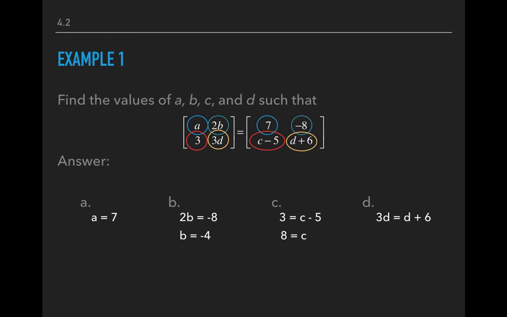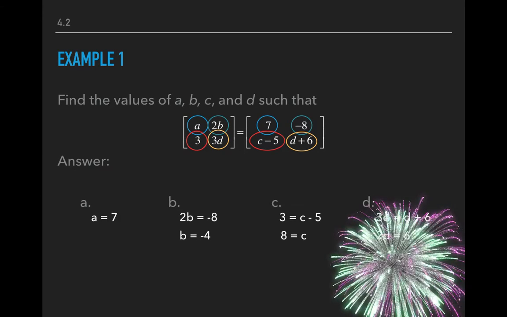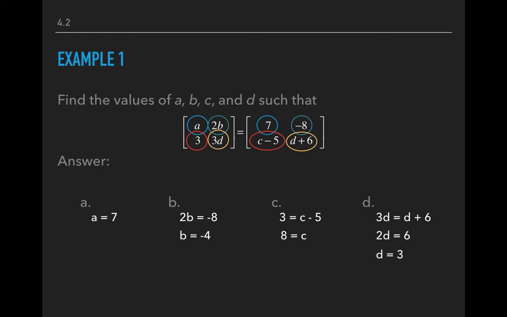We're just going to go back to some basic algebra, and we're going to solve for D. I'm going to subtract D from each side so that you only have one D in your equation. And then you can divide by 2 to isolate D, and that gives you the value of 3. So that is an application of utilizing equal matrices.